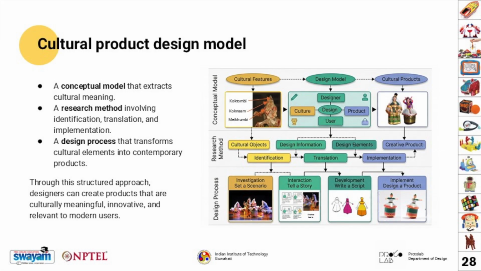In research methods, it consists of three systematic steps, which are identification, translation, and implementation. Step 1. Identification. This is the analytical stage. Designers study original cultural objects to identify distinctive cultural characteristics.